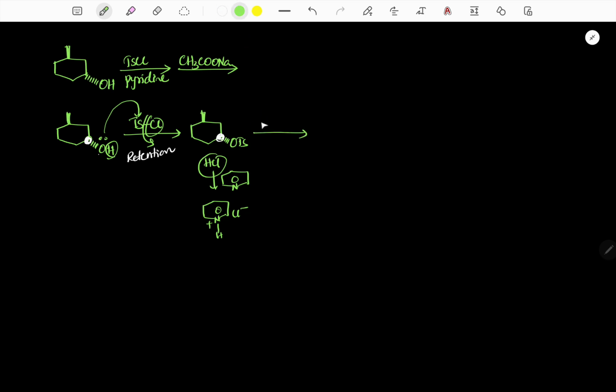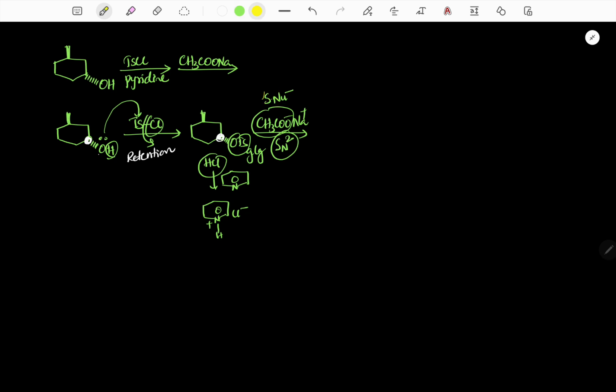Now it is treated with CH3COO- Na+, sodium acetate. Sodium acetate is a strong nucleophile and OTs is a good leaving group. And with a strong nucleophile, we expect an SN2 type of reaction.